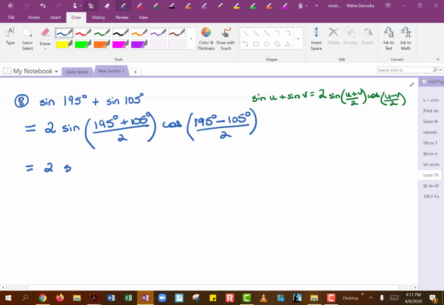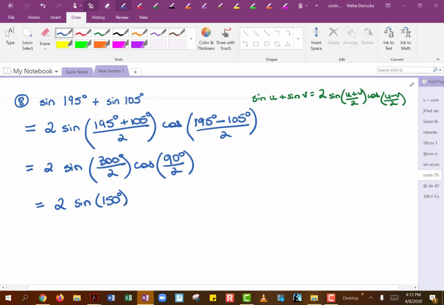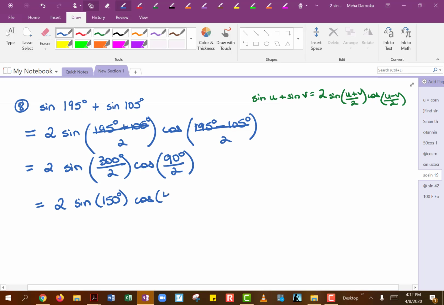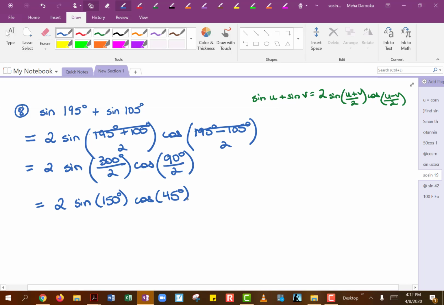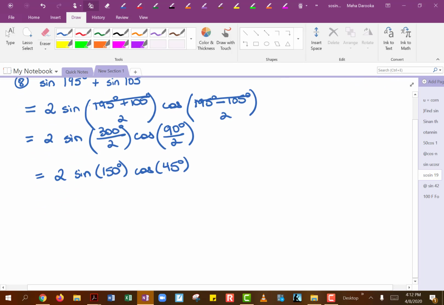So that will give you sine of 300 degrees divided by 2, cosine of 90 degrees divided by 2. And you of course don't have to break it down like I am. You can go directly to the final answer, which would be sine of 150 degrees cosine of 45 degrees, right?